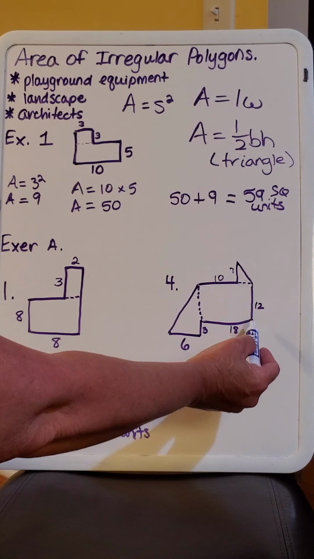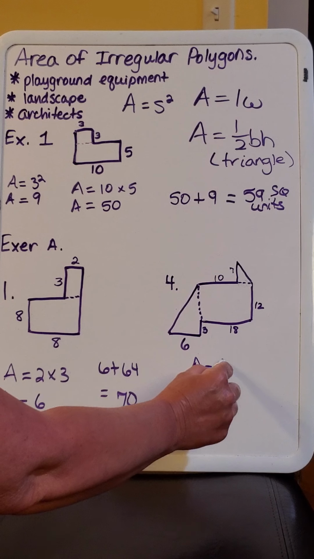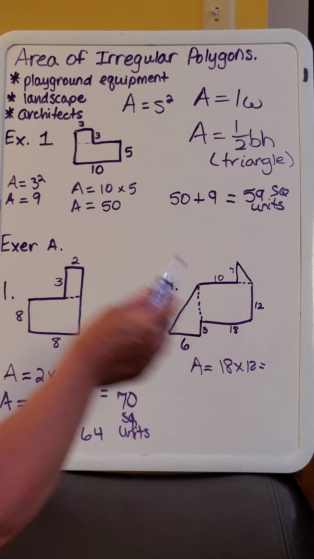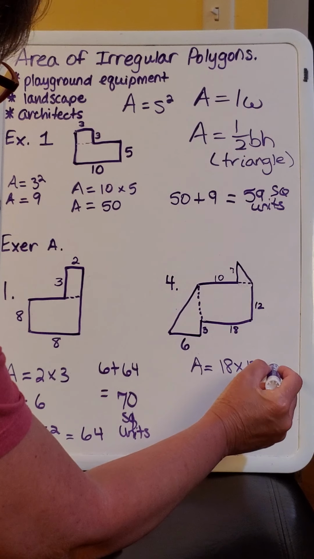And this side is 12. So I can go ahead and do 18 times 12 for my rectangle, and that will be 216.